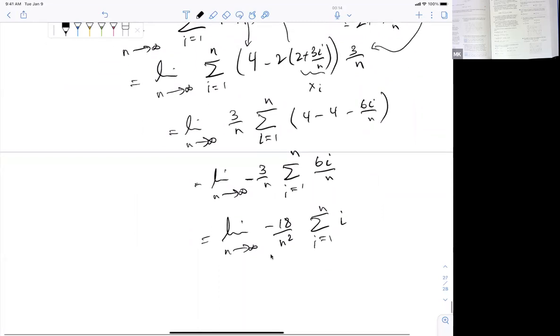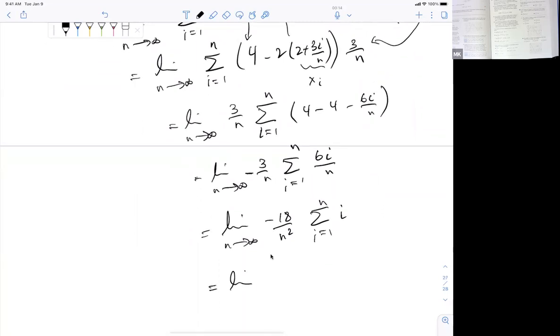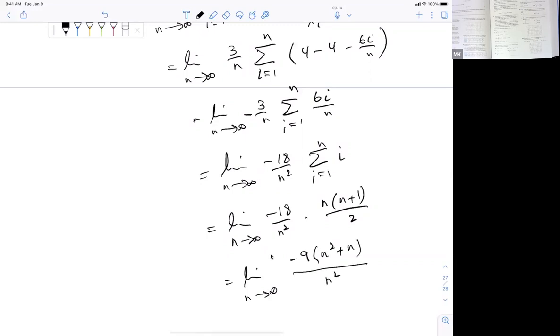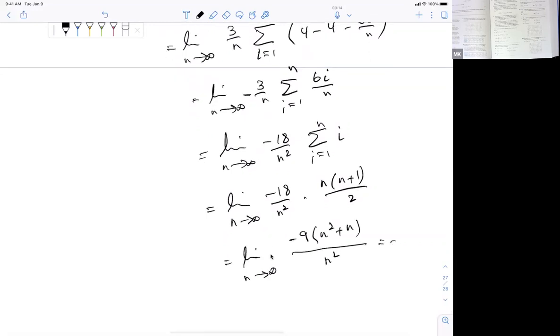If you remember, I told you guys that the sum of all the values from 1 to n is n times (n plus 1) over 2. And this limit, of course, is going to be -9.